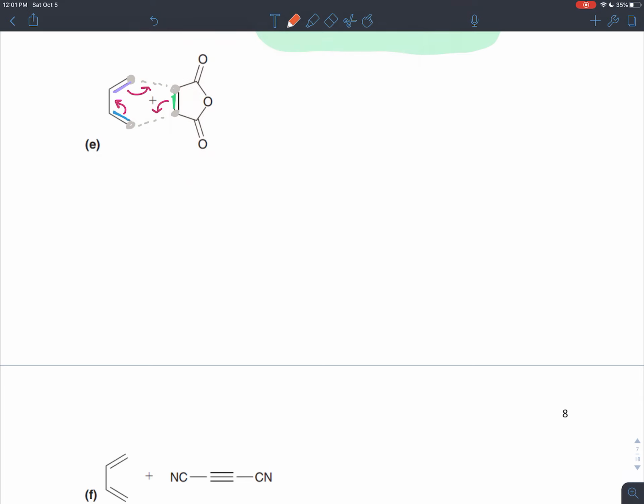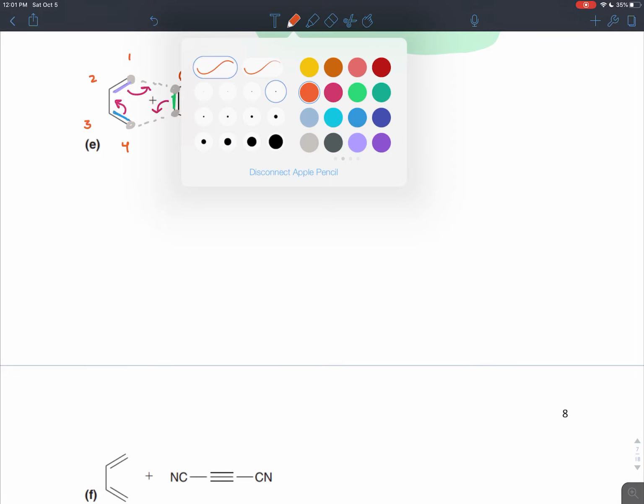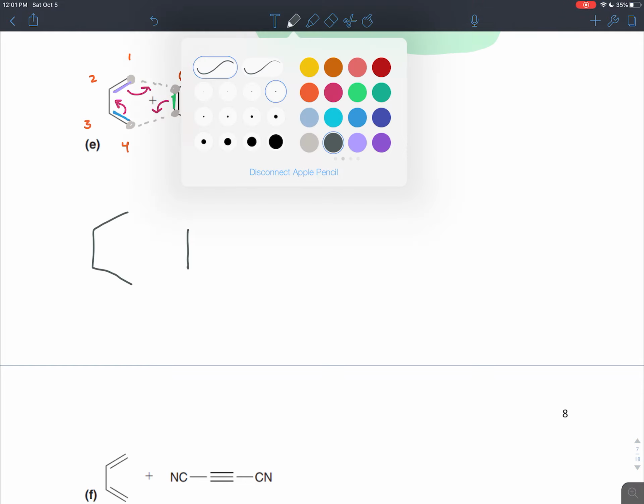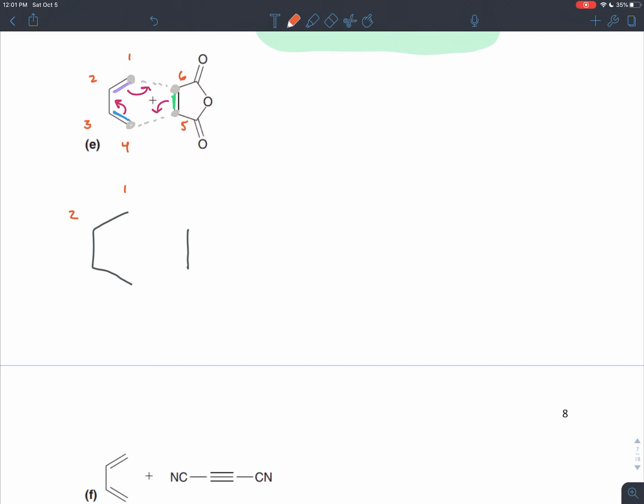If it helps you, you can number the carbons in the diene and the dienophile to help you keep track of stuff. So here we will have the carbon skeleton for the diene, the carbon skeleton for the dienophile. Just to help us keep track of where everything should be, I'm going to put those numbers in.